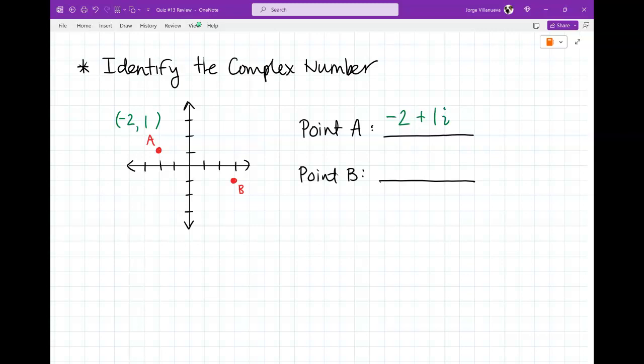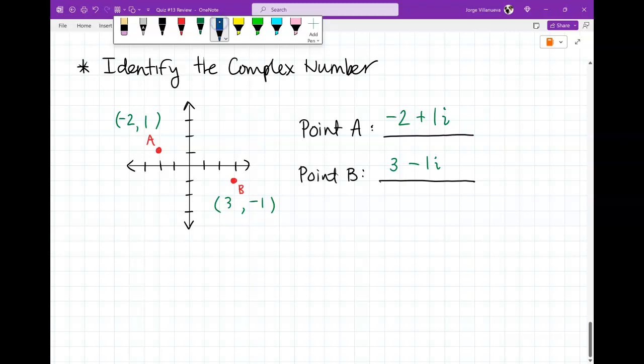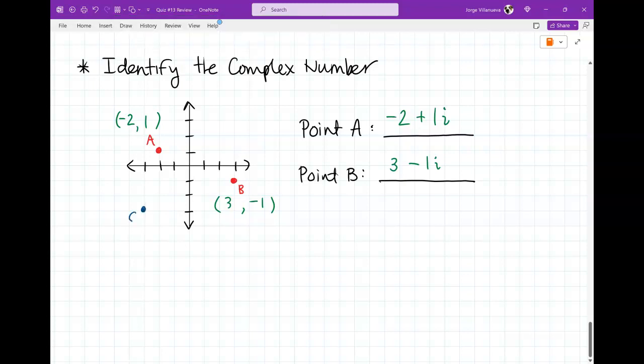What's the point for point B here? 3, negative 1. So you're just going to write 3 minus 1i. You don't have to put the 1 if you don't want to, but it's fine if you do. Okay? So if you had a point right here, let me just add an extra one here. We'll call it C. What's the point for C?